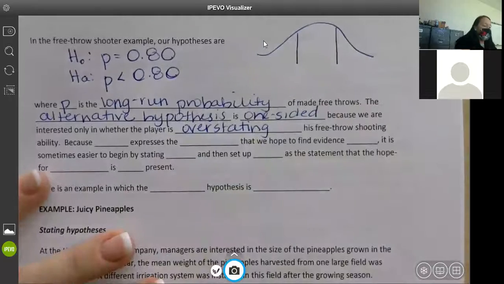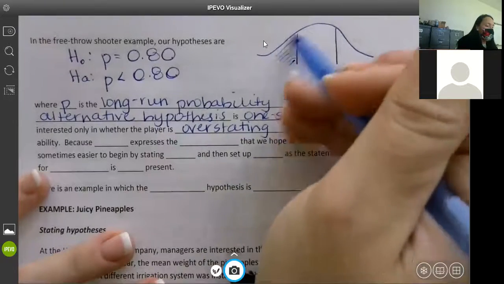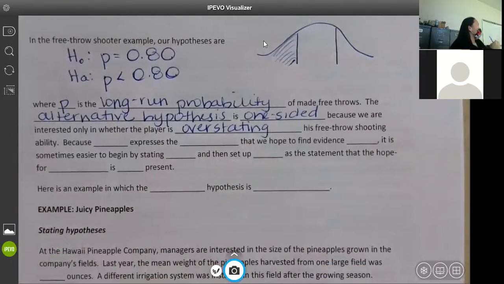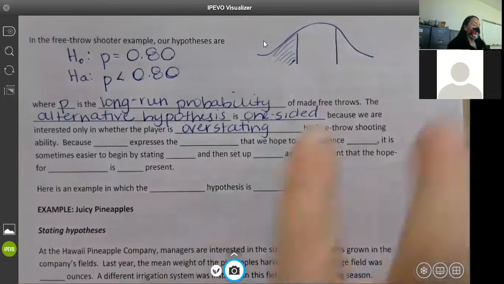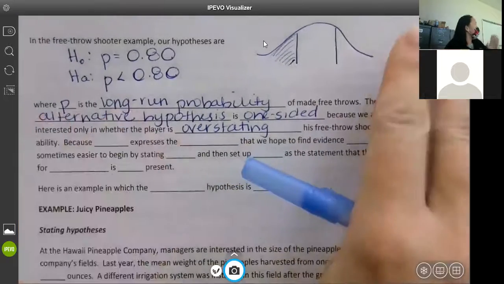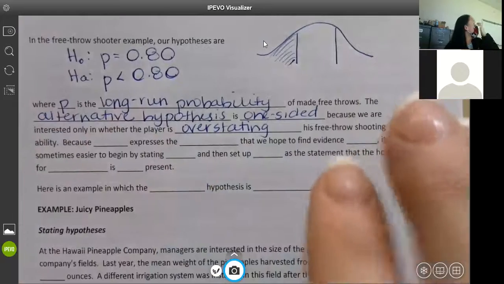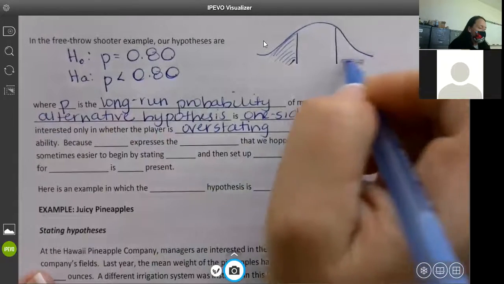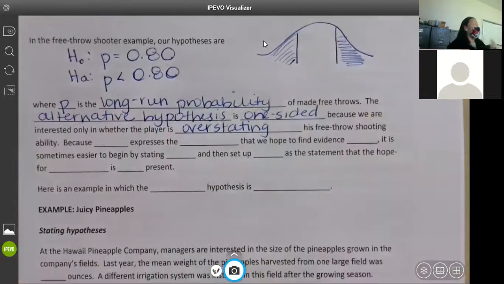If we have less than, it's just going to be over on the left side. It's only on one side, that's why it's called one-sided. If it's to the right, it would be on the other side. If it's two-sided, it's going to be not equal to, and you'll see that soon.